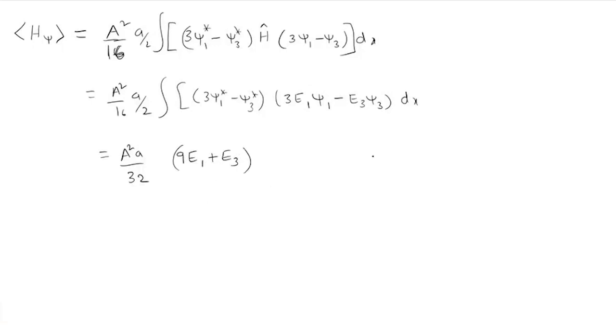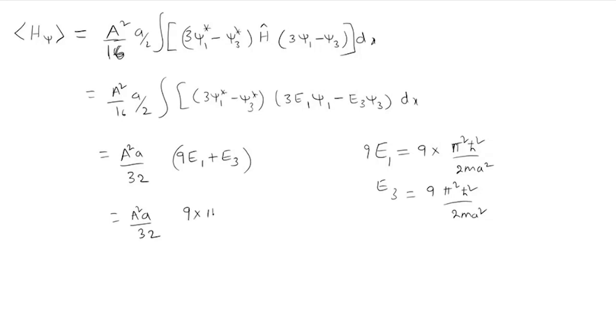But E1 and E3, what is E1? E1 is pi square h square over 2m a square, and E3 is 9 times pi square h square over 2m a square. So a square over 32. When you add, both are the same, you get 9 times pi square h square over 2m a square, twice. The 2 will cancel.